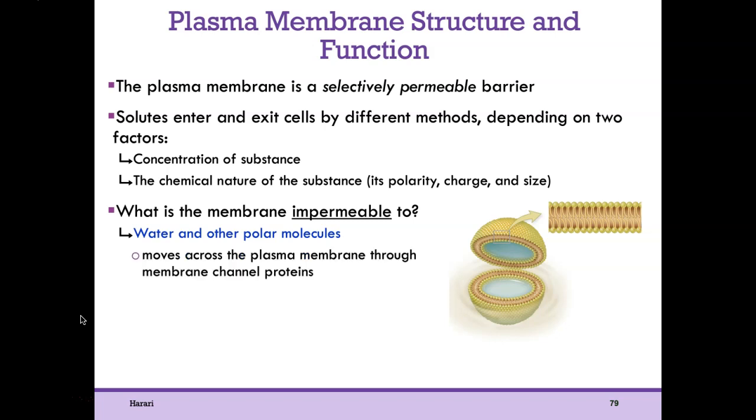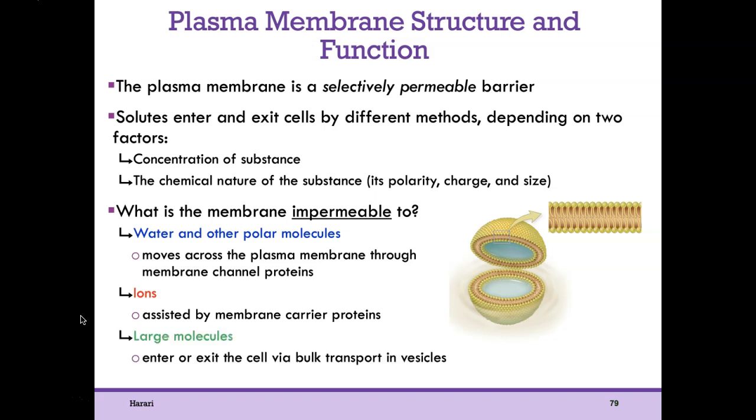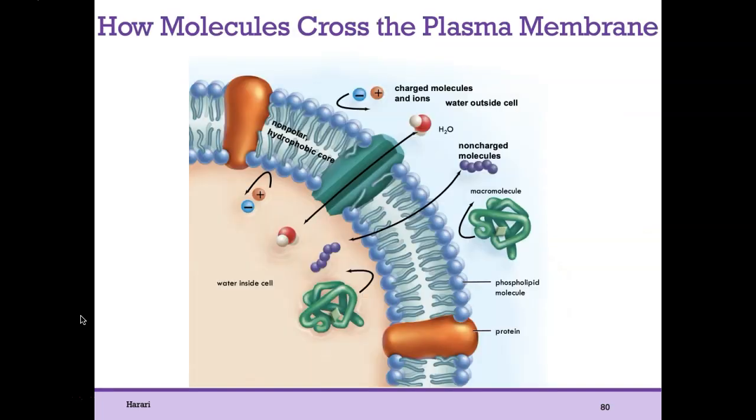They need special channel proteins to get through. Ions can never cross through the membrane. They need help from special membrane carrier proteins. And large molecules are going to need to enter or exit the cell via bulk transport in vesicles. So we'll talk about all of these things.